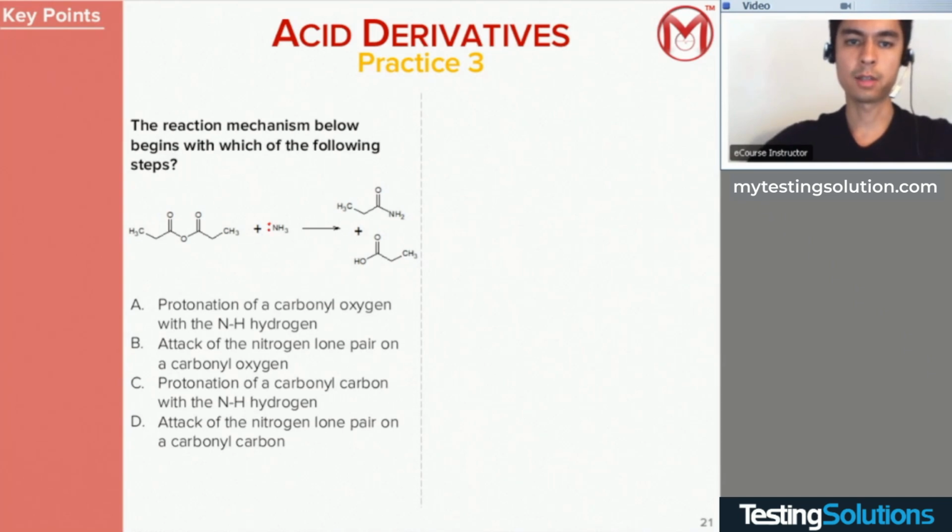In this case, leaving group comes off. So who's the nucleophile here? The nucleophile is the electron-rich species, the ammonia. It has the lone pair, it's electron-rich, and consistent with basically all of the other reactions, the carbonyl carbon is the electrophile. So that comes in, it breaks this bond, and ends up adding the amine here to make the amide. So the first step is the attack of the nitrogen lone pair on the carbonyl carbon. My answer here then is D.